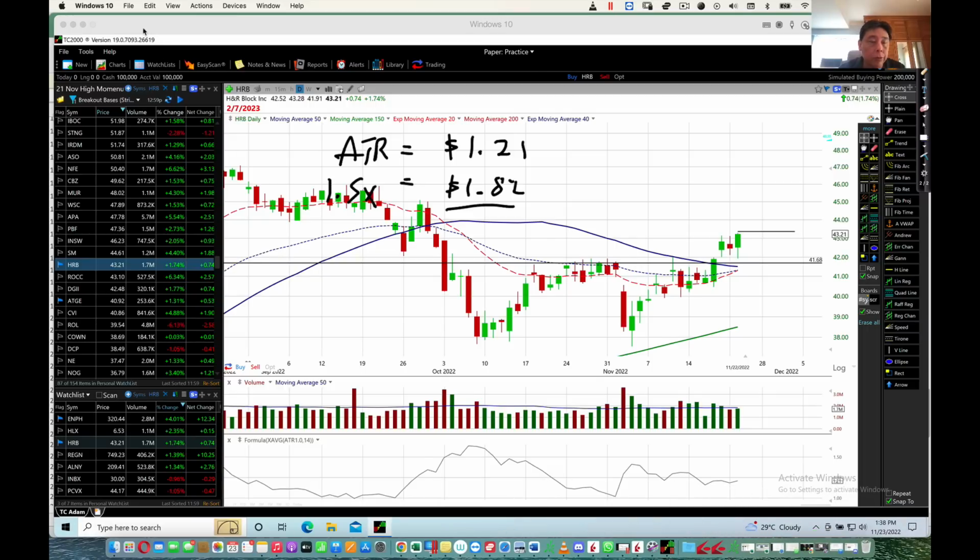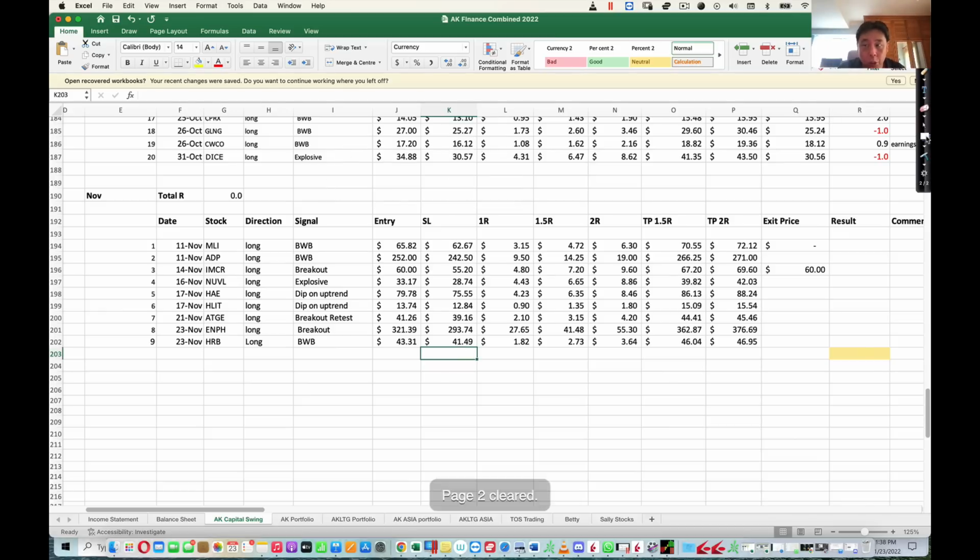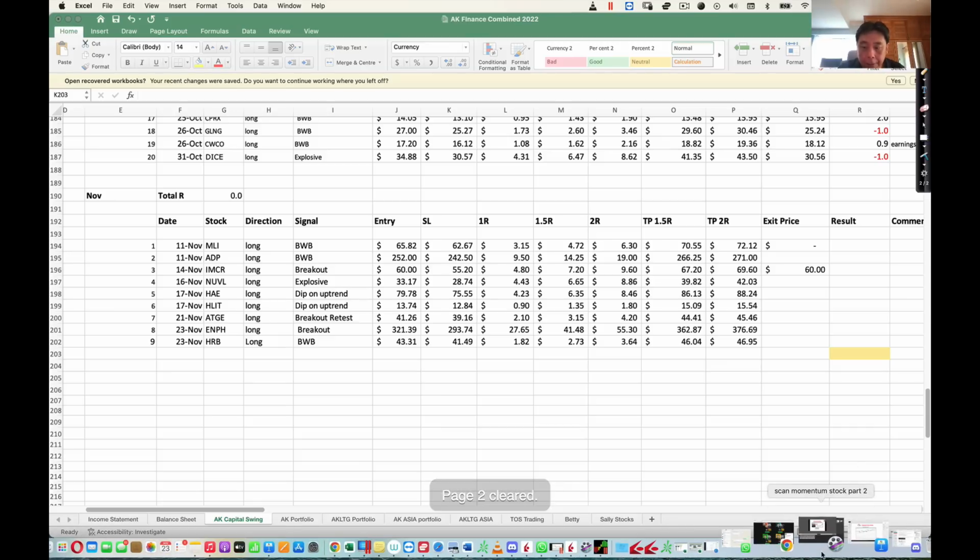Let's get back to this. So 43.31 minus $1.82, my stop loss would be at $41.49. Boom. That's my stop loss. Now, let me look at the charts and ensure that it looks like a reasonable place to put a stop loss. It has to look reasonable.